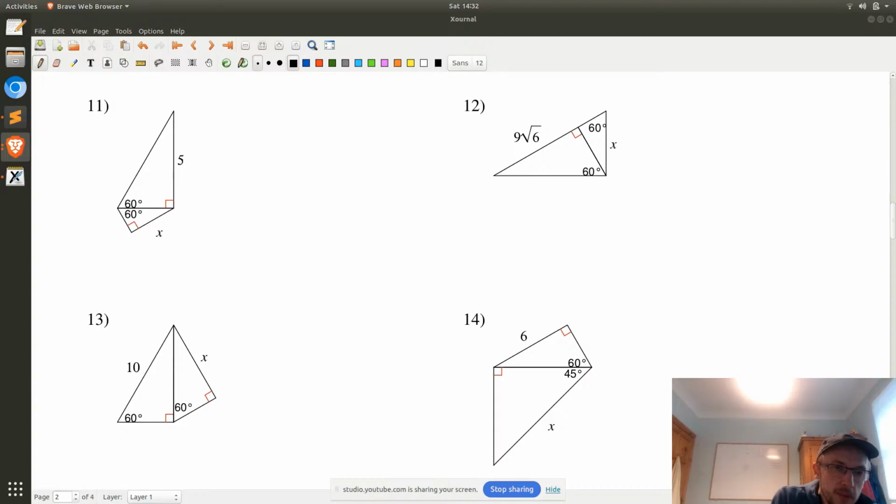All right. So 5 here, which is usually root 3, this here has to be 5 over root 3. That's the hypotenuse of the smaller right triangle.